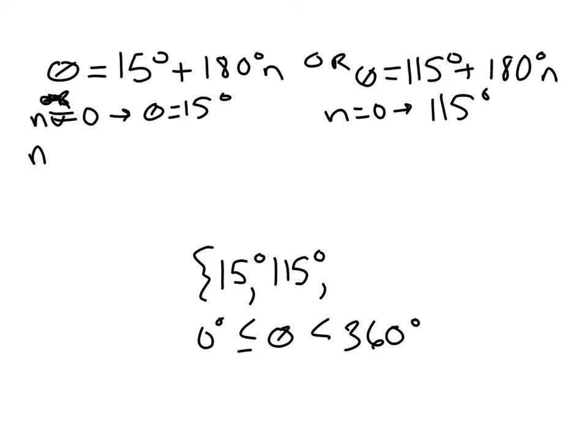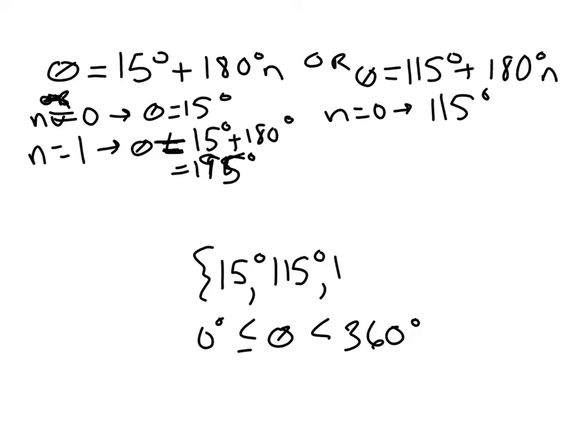Now what if n equals 1? Let's see if we're still in the interval that we were asked for. If n equals 1, then theta equals 15 degrees plus 180 degrees, so 195 degrees. And that is still between 0 and 360 degrees, so that's still in the solution set.